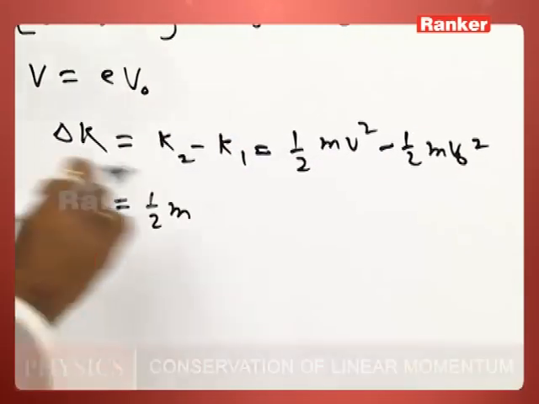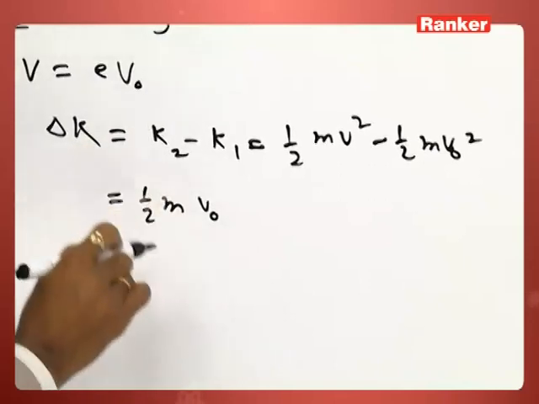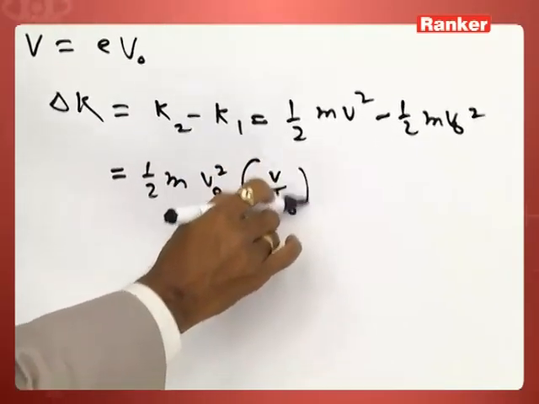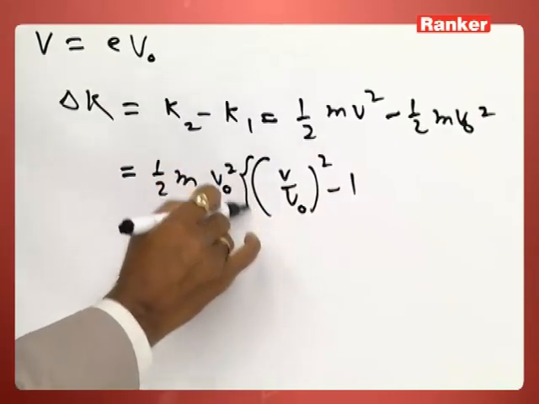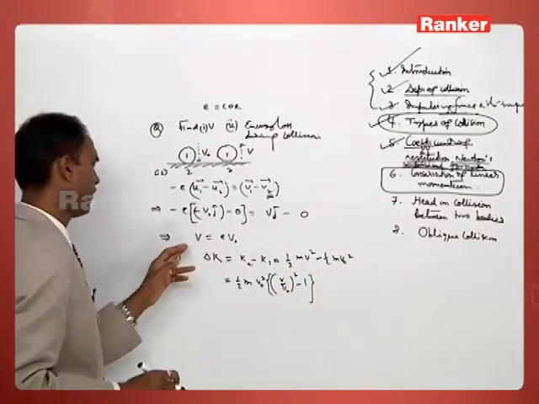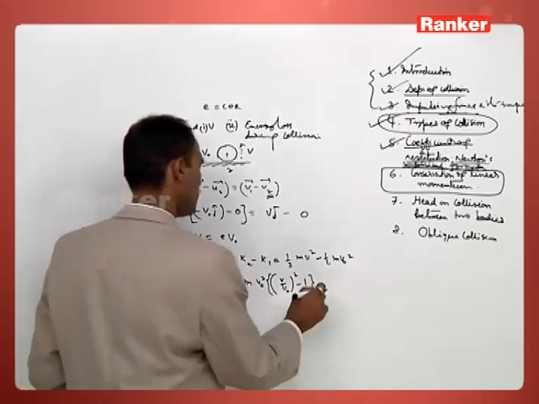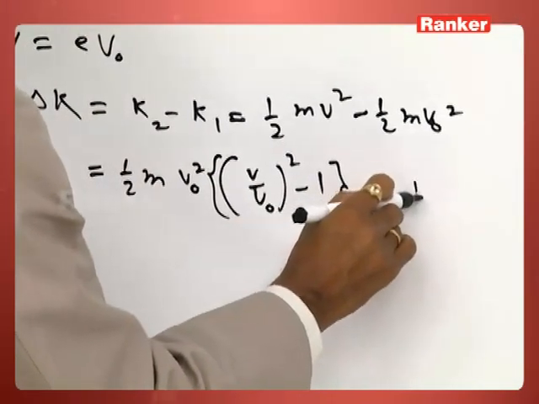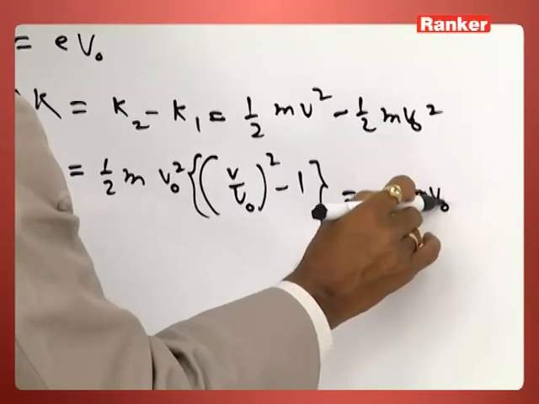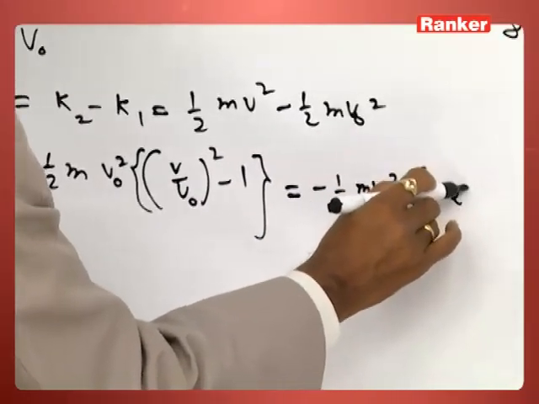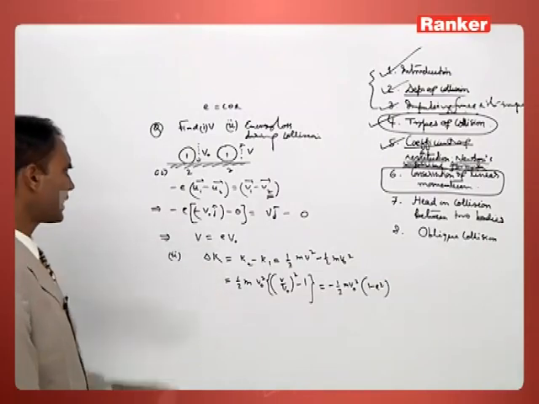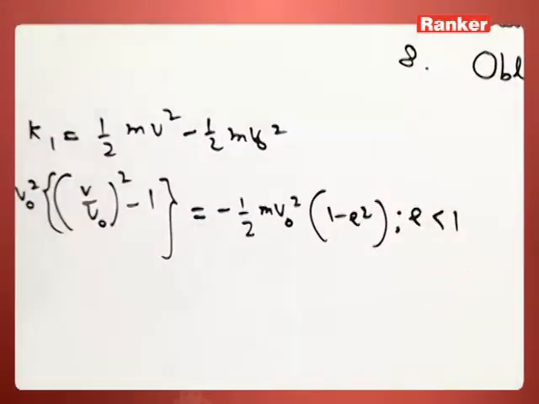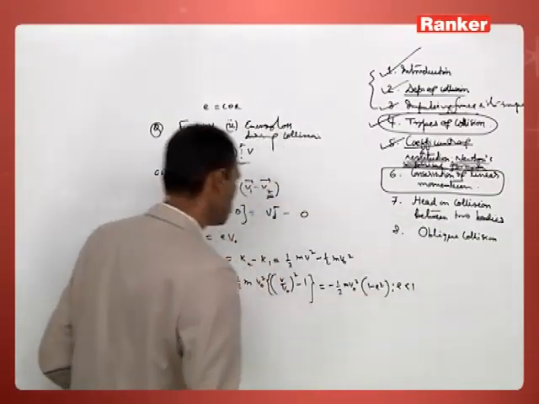Take half m and v naught square common, so you get v by v naught square minus 1, and v upon v naught is equal to e. So you are getting minus half m v naught square into 1 minus e square. The change in kinetic energy is negative because e is less than 1. e can never be greater than 1.